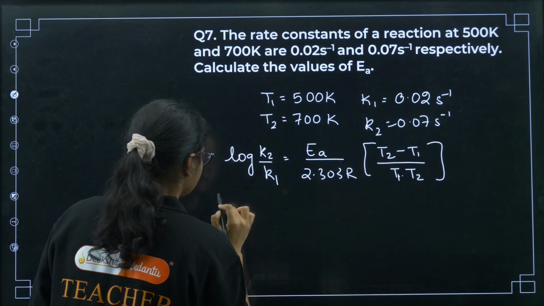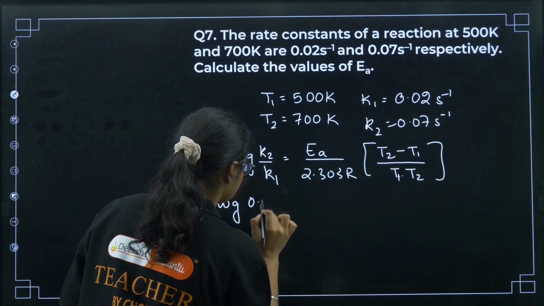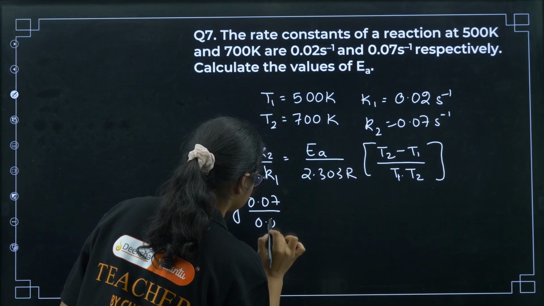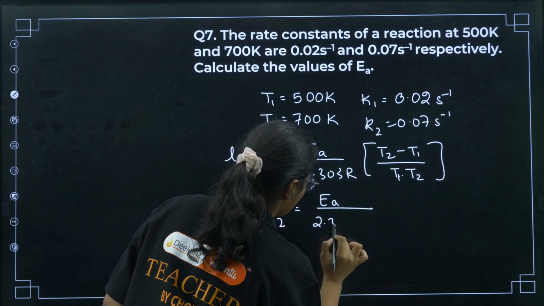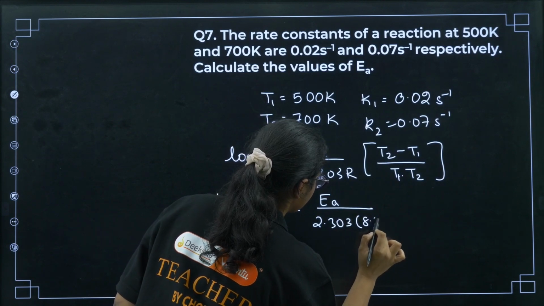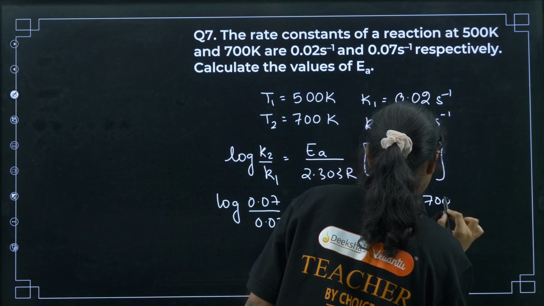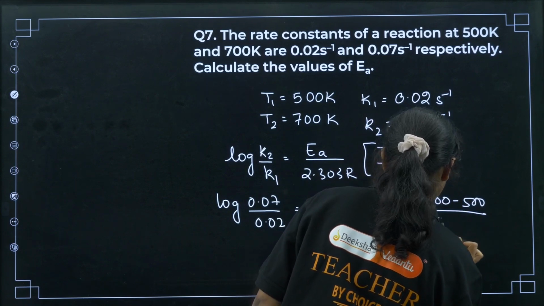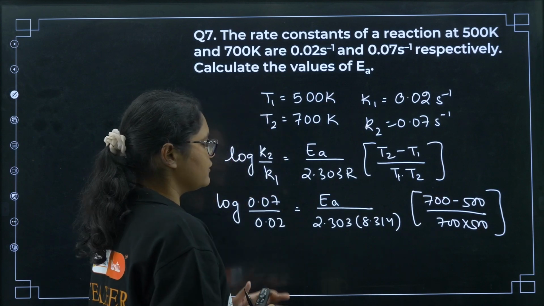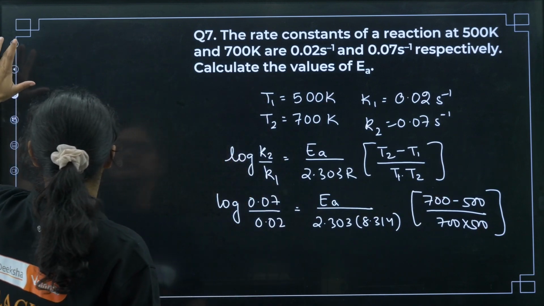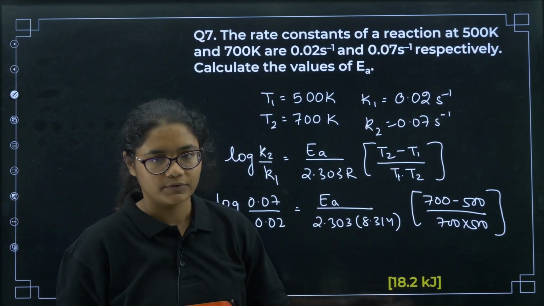So log of 0.07 divided by 0.02 equals EA divided by 2.303 into 8.314, into 700 minus 500 divided by 700 into 500. Now if we solve this, the activation energy value will be coming around 18.2 kilojoule.